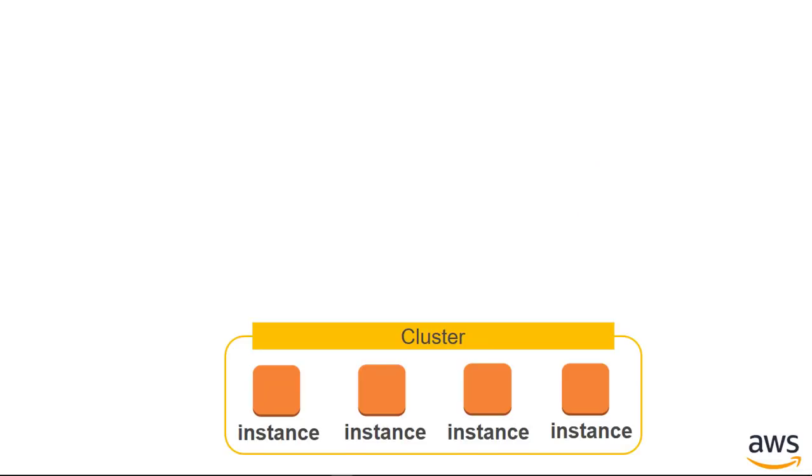Underneath, ECS is based on a concept called a cluster. A cluster abstracts EC2 instances. Some of these EC2 instances may already be running software like SQL Server, or there may be some new EC2 instances that you added to the cluster. The cluster can scale out or scale in depending on different parameters.